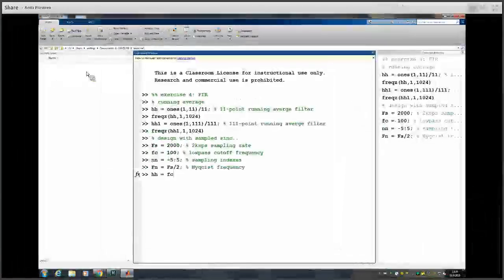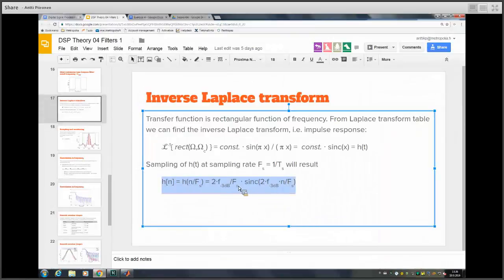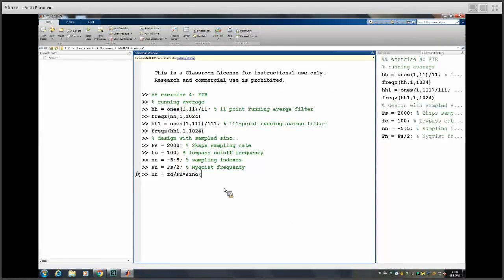So that was Fc over Fn, and sinc of Fc over Fn times n, the index. That's not that hard. Sampled sinc with box window. There. And it looks like this.